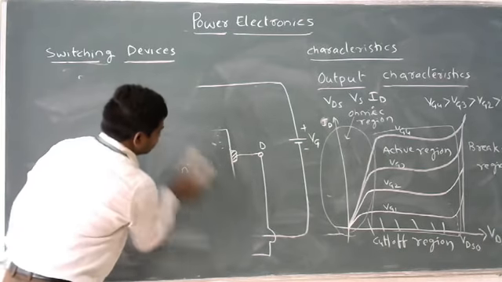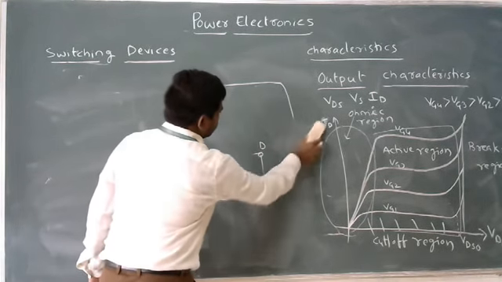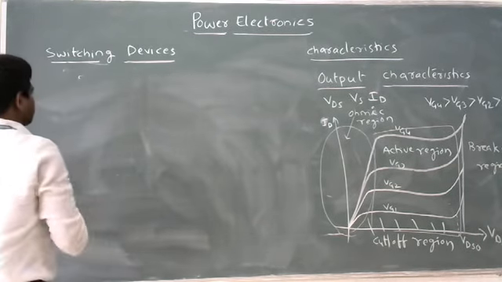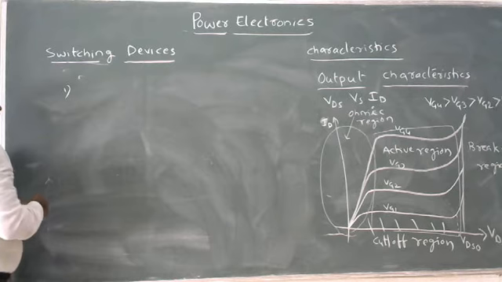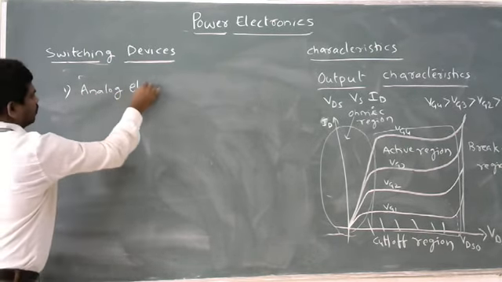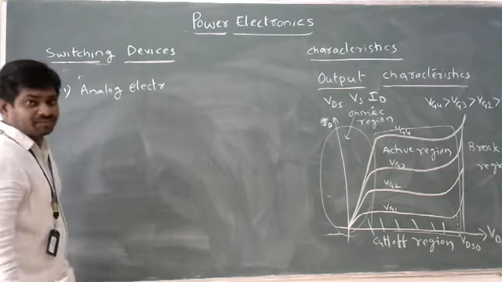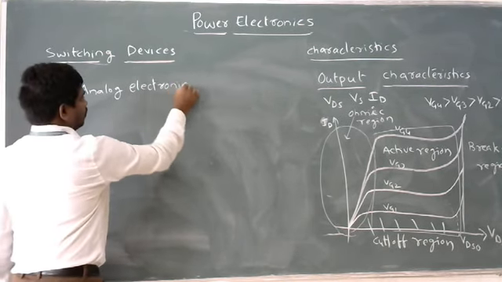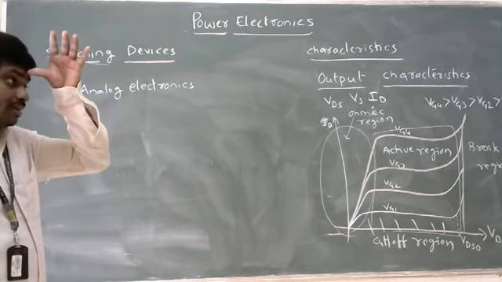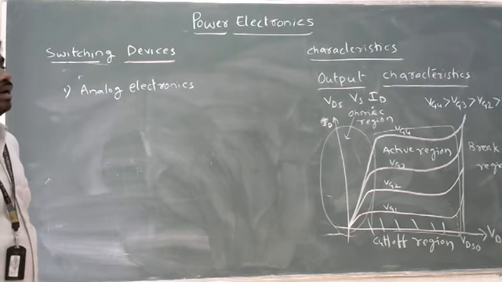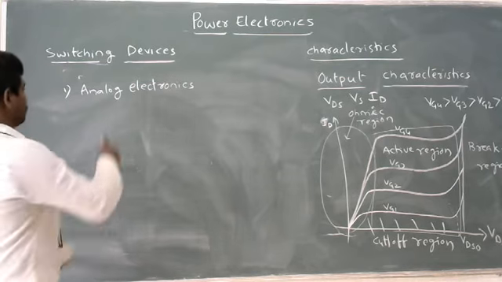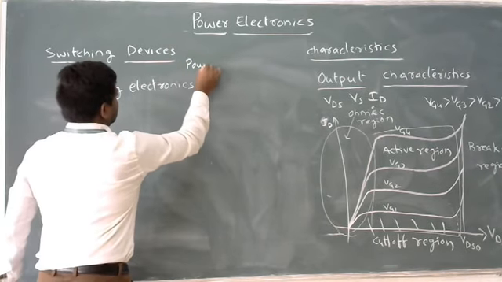Basically in analog electronics, where a high switching frequency is needed. Suppose the circuit needs to operate at a frequency level of kilohertz, then we go for the power MOSFET.